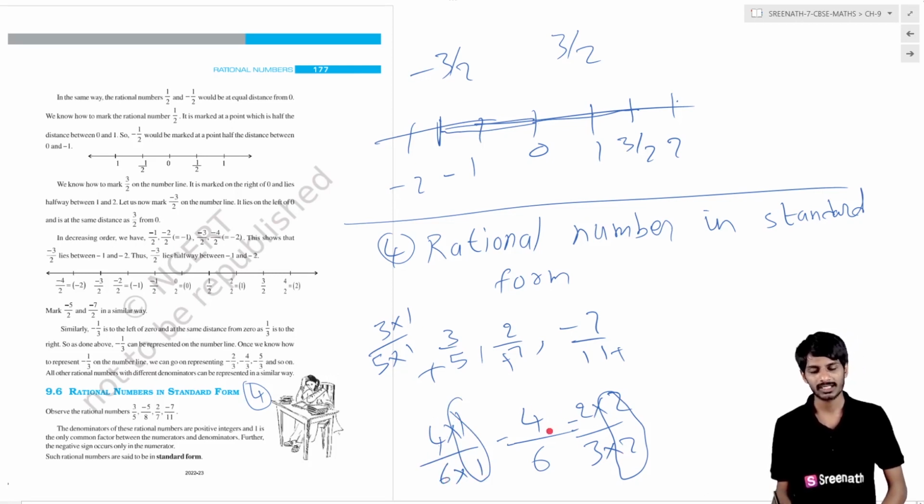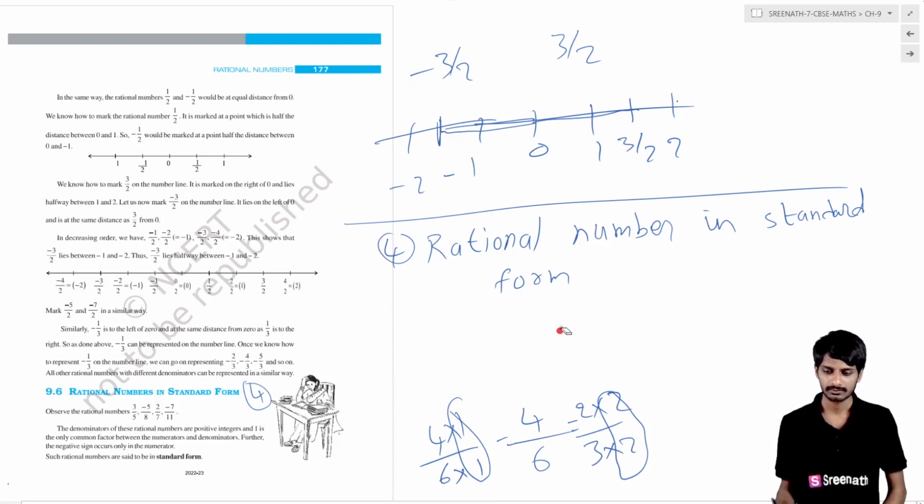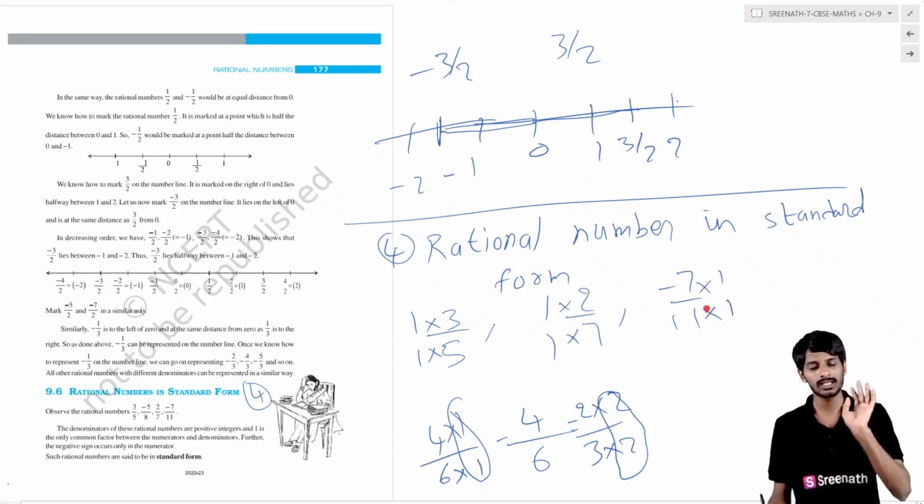But in the case of 3 by 5, 2 by 7 and minus 7 by 11, there is only one common factor, that is 1. We can write it as 3 into 1, 5 into 1. But in the case of 4 by 6, it has 2 also as a common factor.